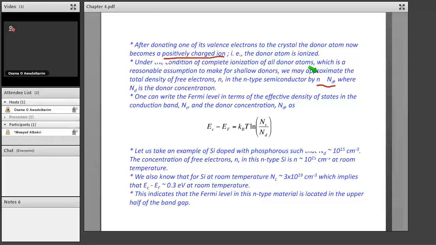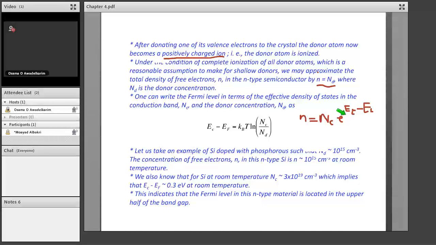Now, if we go back to the equation that we did at the beginning of this chapter, which is an equation of this form, n is equal to Nc, in any semiconductor. The concentration of free electrons is Nc times the exponential of minus (Ec minus Ef) over kT, where Ec is the edge of the conduction band and Ef is the Fermi level.